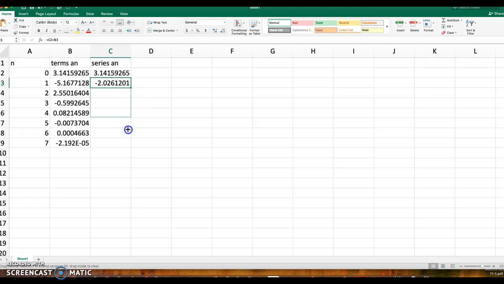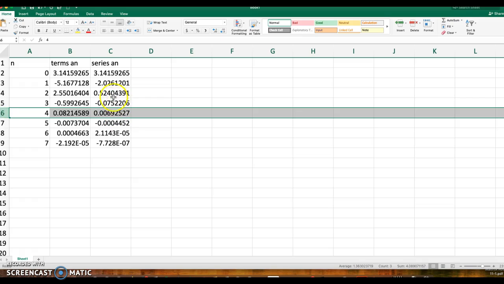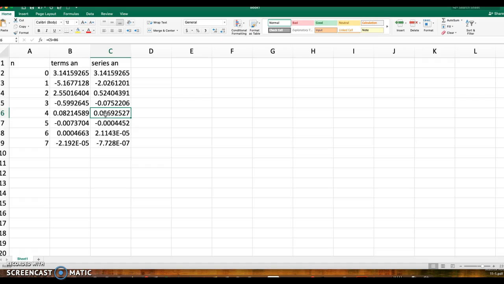If I click and drag this down, at each point this adds the previous term to the series, then adds the new term. So this gives us the series. And notice right here, if I go to those 4 terms, I get 0.006925. Once I change the next one, after 4 terms, notice the first 2 decimals do not change. Right? This is 0.00. So 4 terms is sufficient to be within 10 to the minus 2 of the actual value.